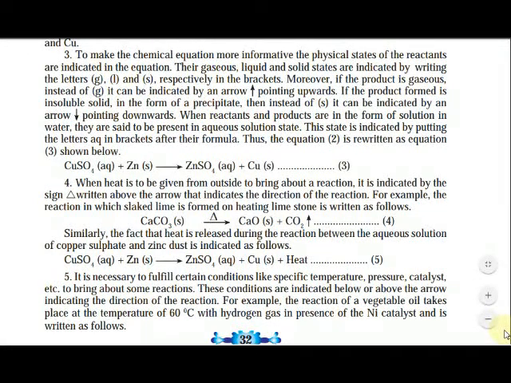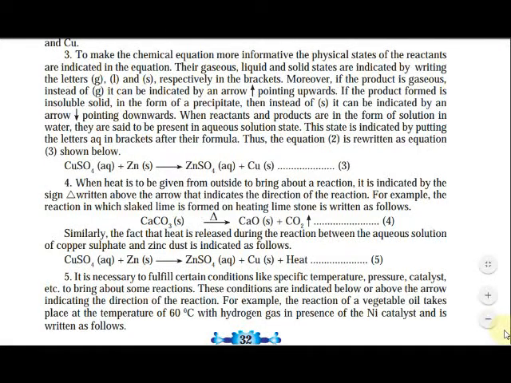When reactants and products are in the form of solution in water, they are said to be present in aqueous solution state. The state is indicated by putting the letters aq in brackets after their formula. Thus equation 2 is rewritten as the equation shown below.